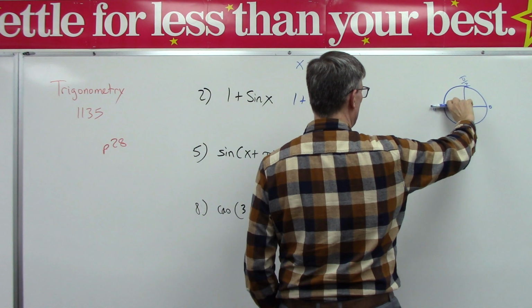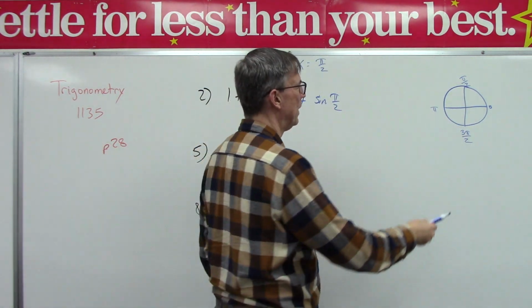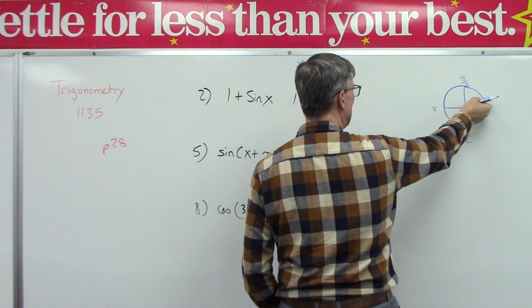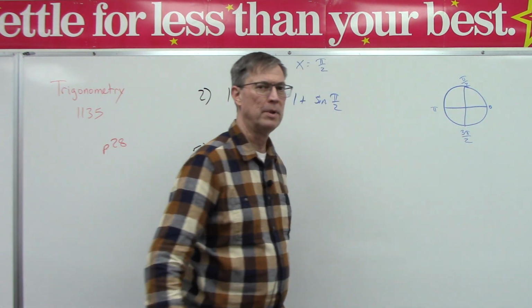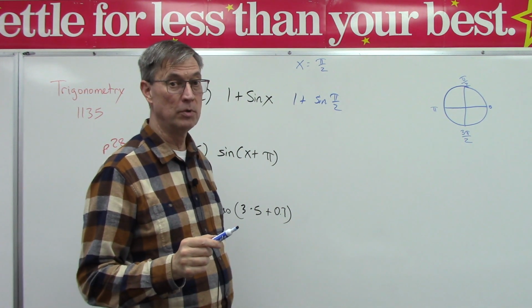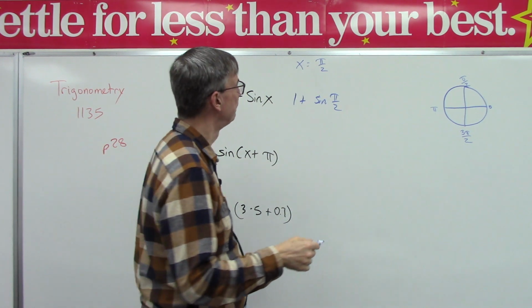This is 1 pi, because 2 pi is a complete circle, right? So 1 pi is 180 degrees. So pi divided by 2 would be 90 degrees, which is straight up. And in that case, the sine of 90 degrees is 1, okay?